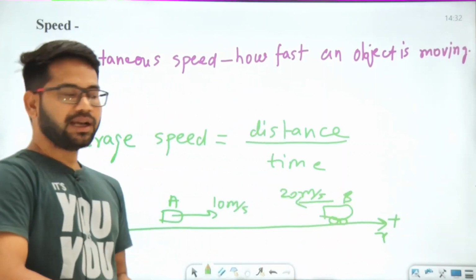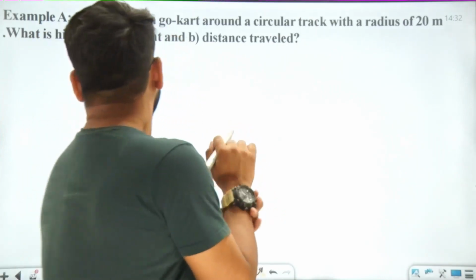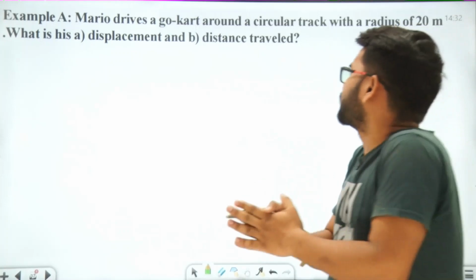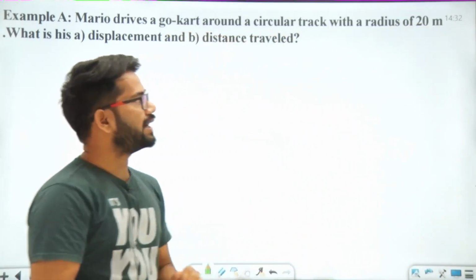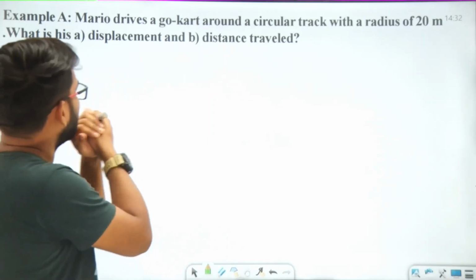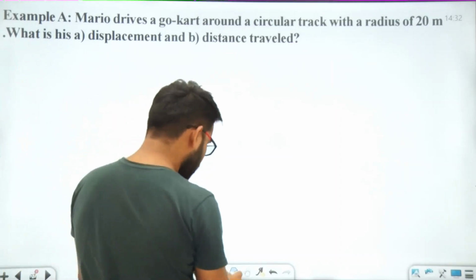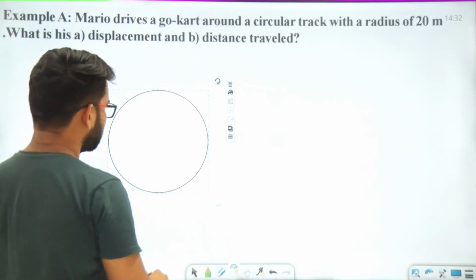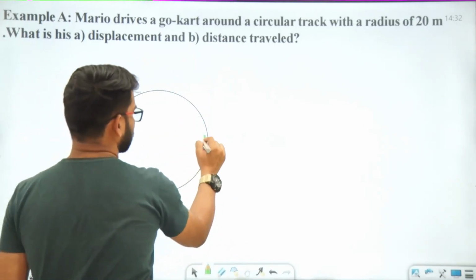Let's take some examples. Example A: Mario drives a go-kart around a circular track with a radius of 20 meters. What is his displacement and distance traveled? So students, let's take this as Mario's circular track.